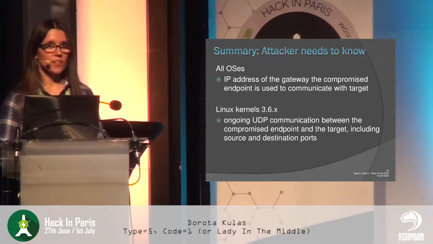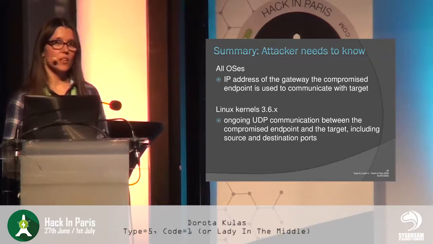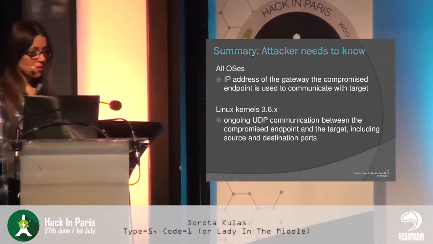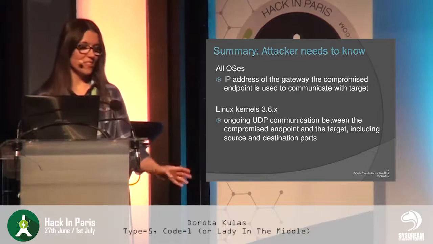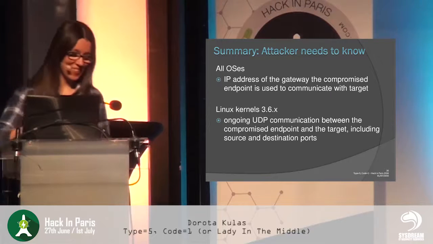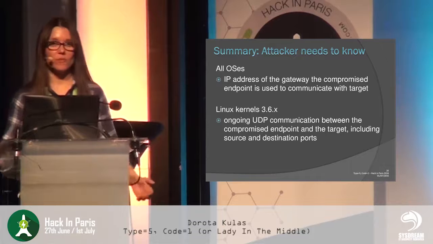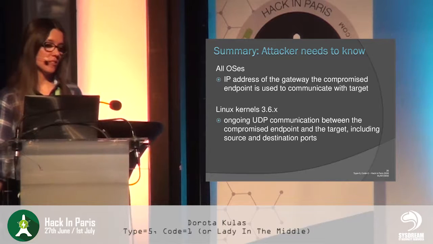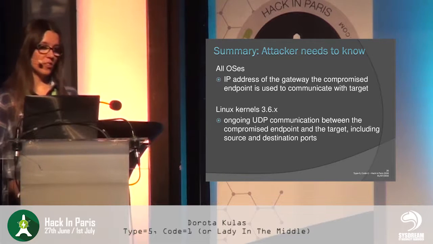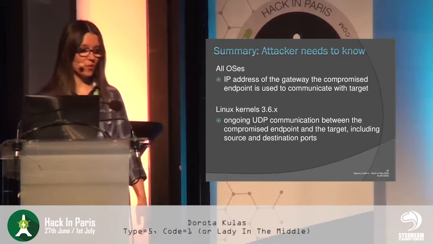I'm not sure, and I can't remember if I was able to make it work with a UDP trigger. Probably not. So this kernel is somehow special, but later they fixed it. I don't know why. So it will work later. And you obviously know your target and victim IP addresses. So this is all the attacker needs to know.